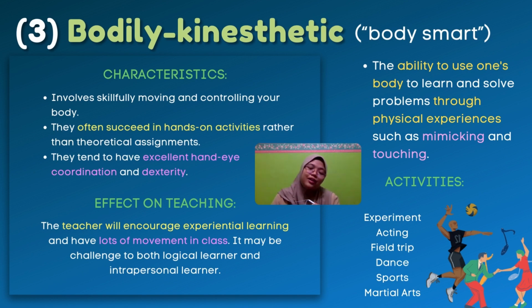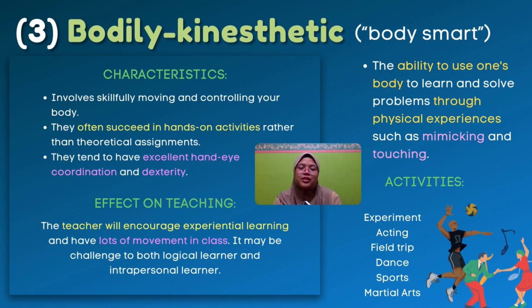From the word kinesthetic, we know that this learner cannot stay quietly in one place. Usually, learners that have bodily kinesthetic intelligence are very active in class, or maybe active in sports and so on.